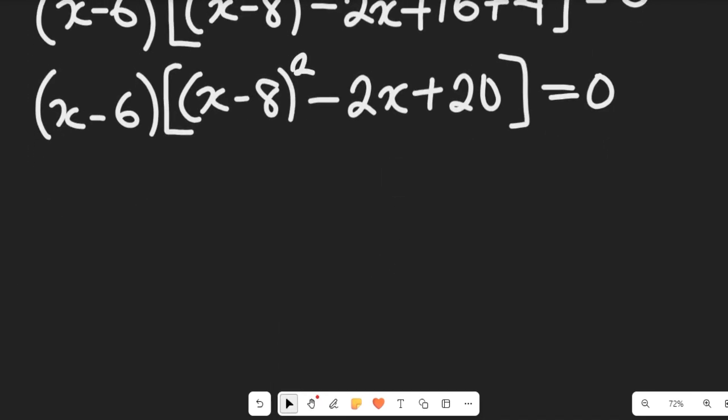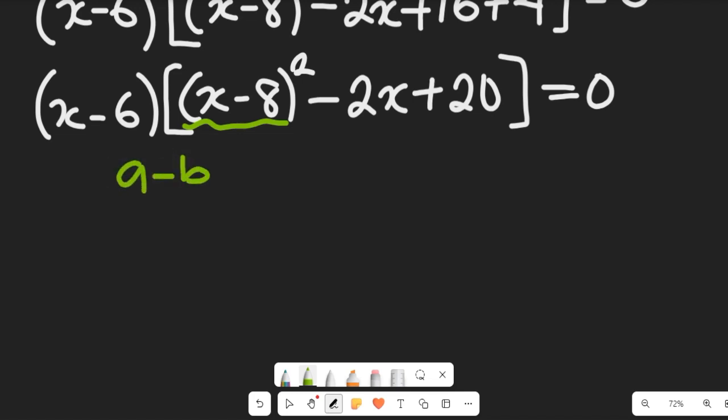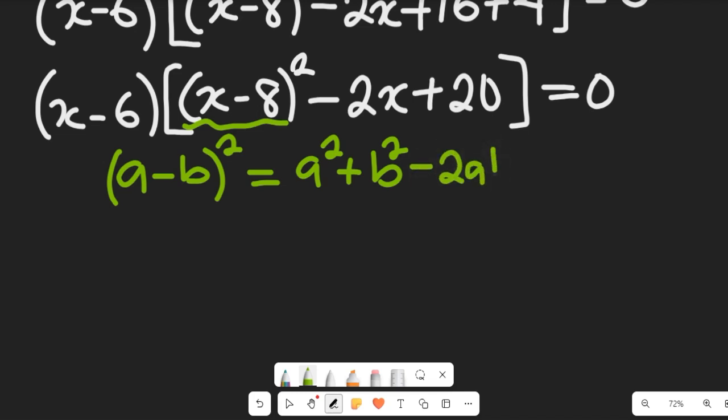I'm going to expand this. If I expand this, you find out that I can also use an algebraic expression. Remember, if you have (a minus b) all squared, that is going to give you the first squared, plus the second squared, and minus 2 times the first multiplied by the second.